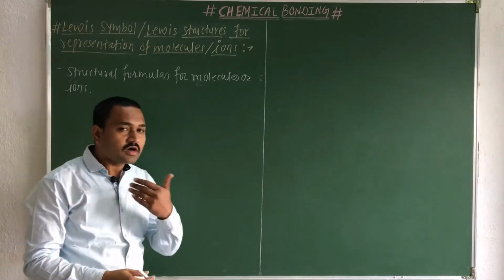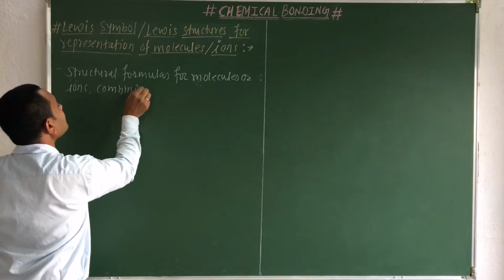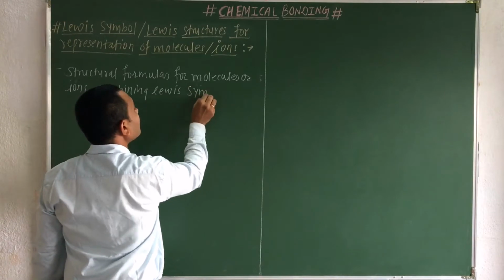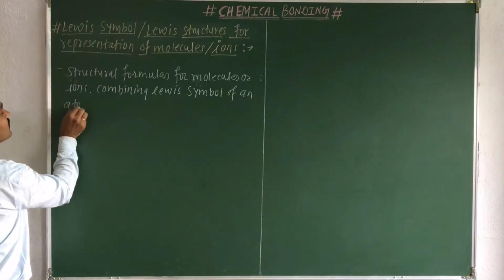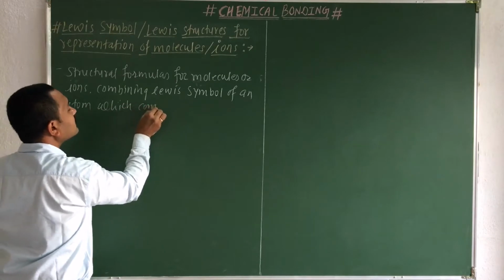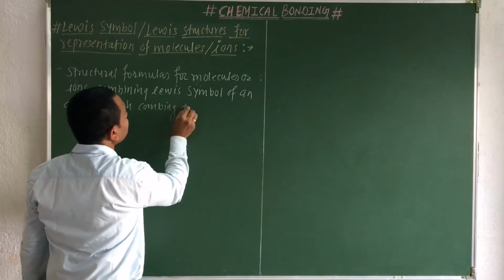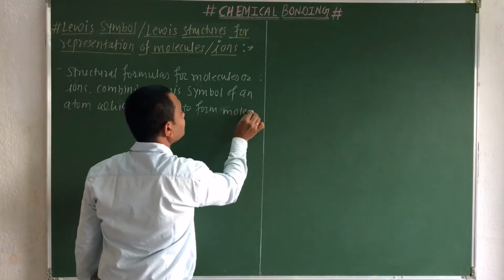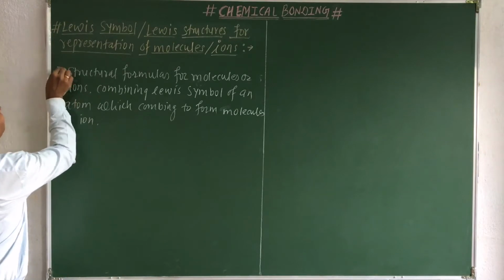So we are going to combine the Lewis symbols of atoms which are combining to form molecules or ions. This is the important point you must remember.